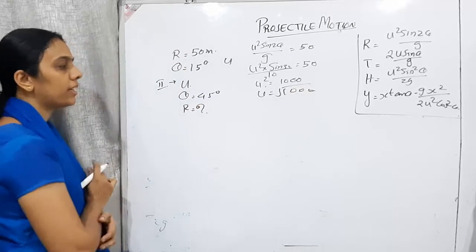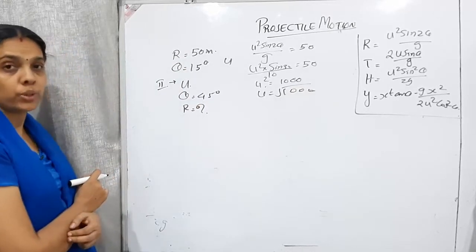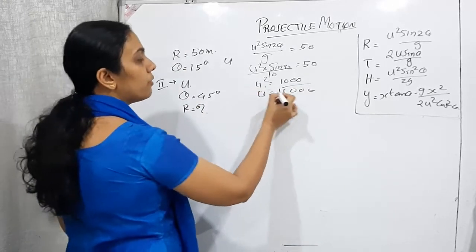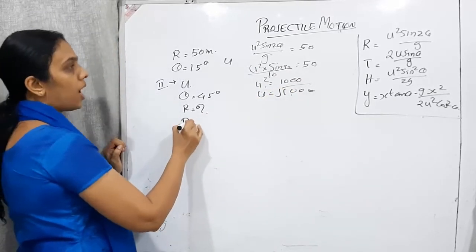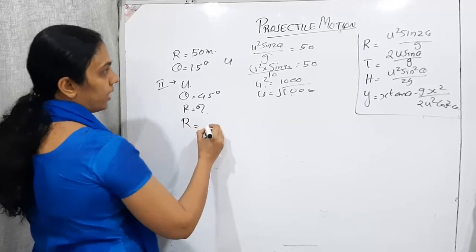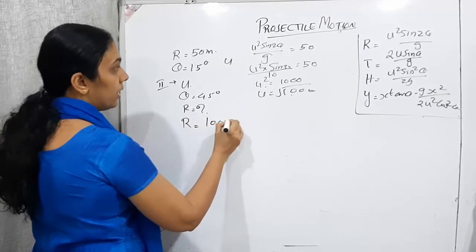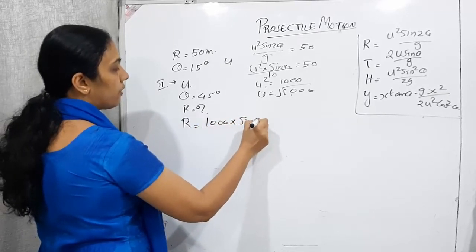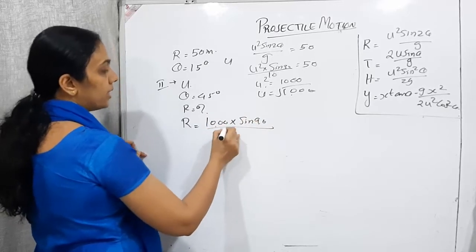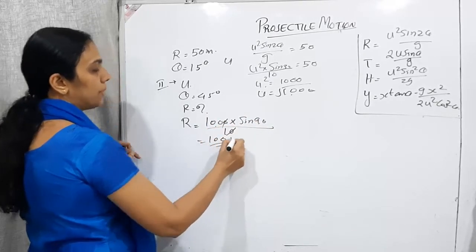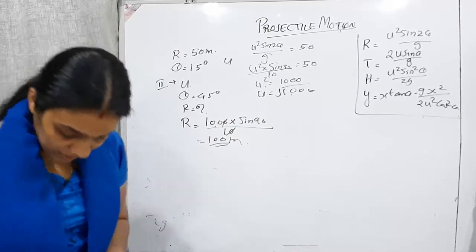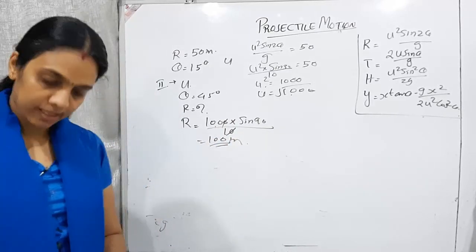Now we need to find out the new range only, right? So no need to find out u. If u is the same, u square also will be the same. So R is equal to u square, 1000, into sine 90 divided by 10. So here you will be getting the answer as 100 meters. So the final answer is 100 meter.